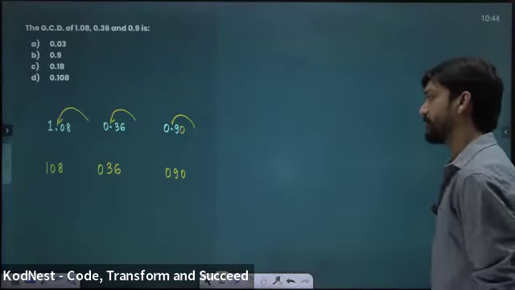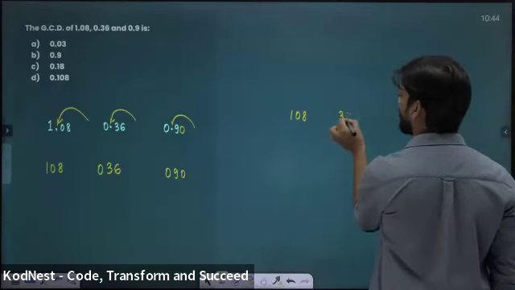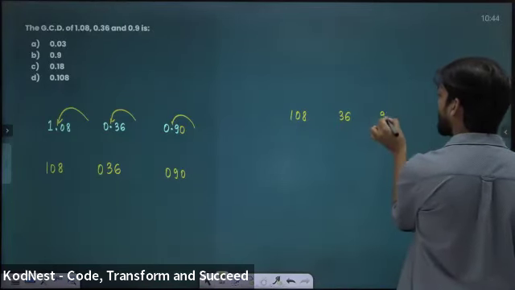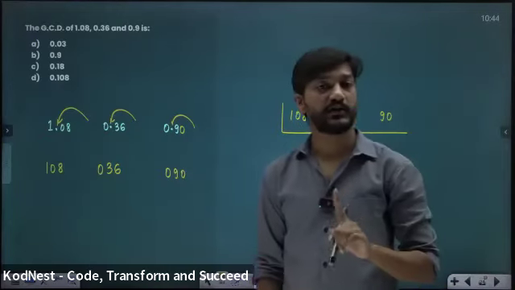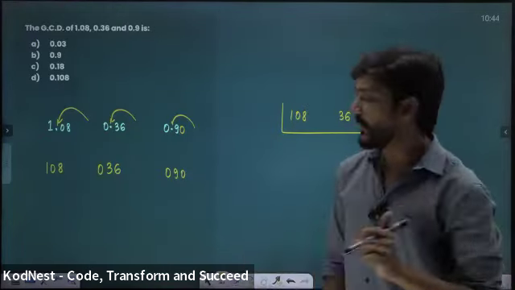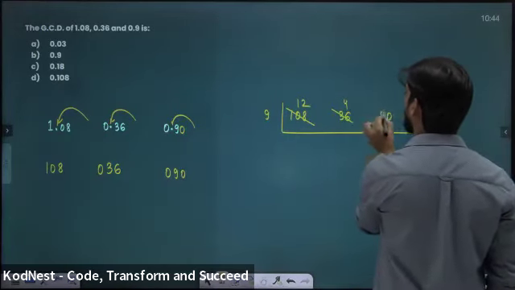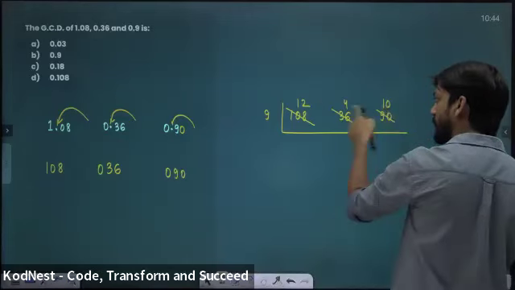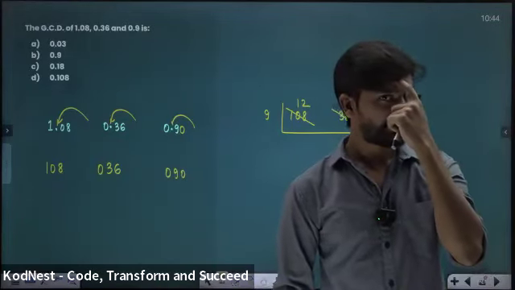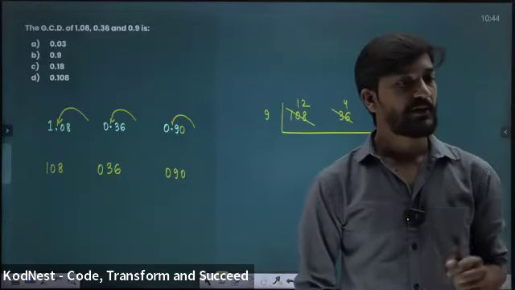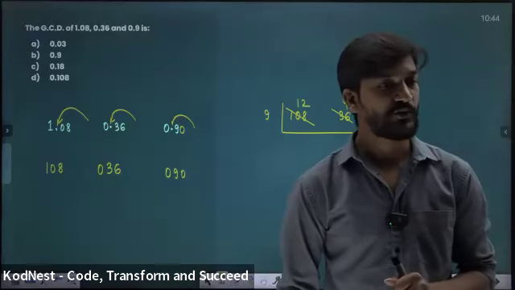Quick calculation. 108, 36 and 090 means 90. What number cancels out all of them? That is your HCF. Okay, 9. So 9 into 12, 9 into 4, 9 into 10. Anything else which is common to all? Anything else? Lavanya, adding 0, if it has changed the value, it's a very serious situation for you.